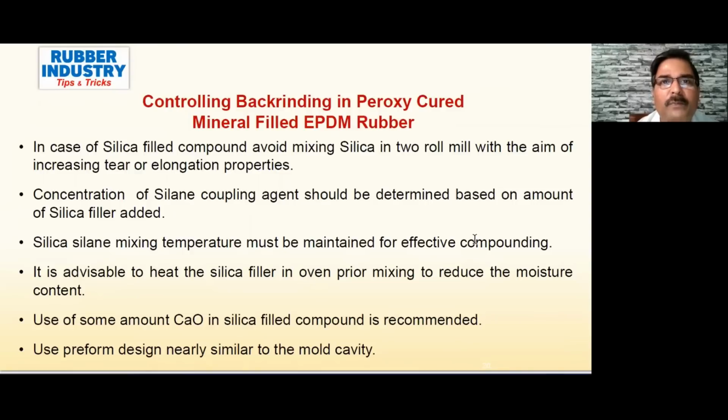Use of some amount of calcium oxide in silica-filled compound is recommended to avoid backrinding. And finally, use of a preform design nearly similar to the mold cavity is recommended.